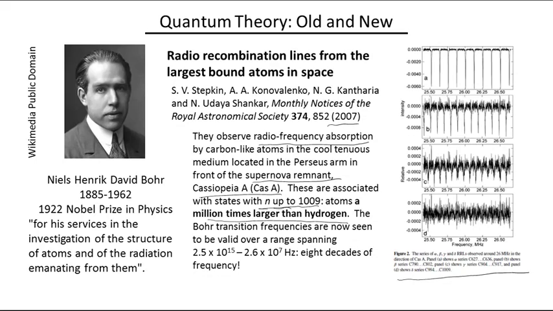And so this relationship, the Bohr frequency, is observed to hold over 8 decades of frequency. This is sort of the Lyman alpha region, optical frequencies, down into radio waves.